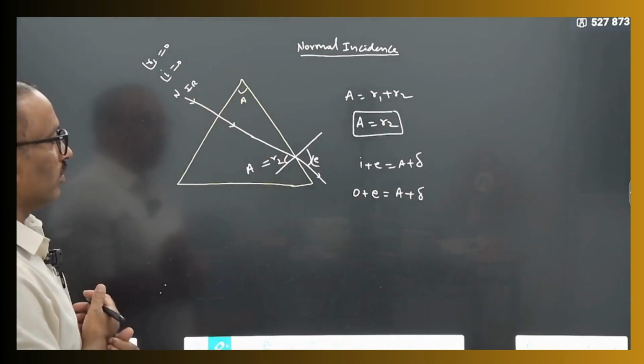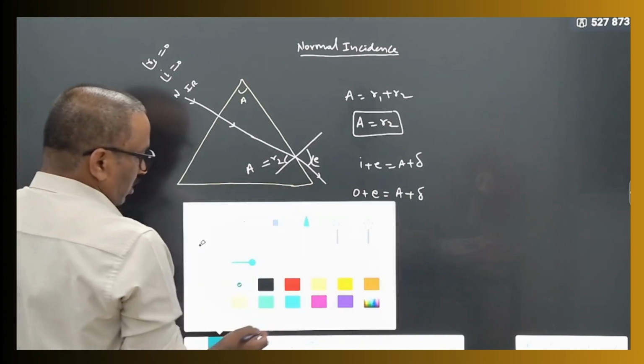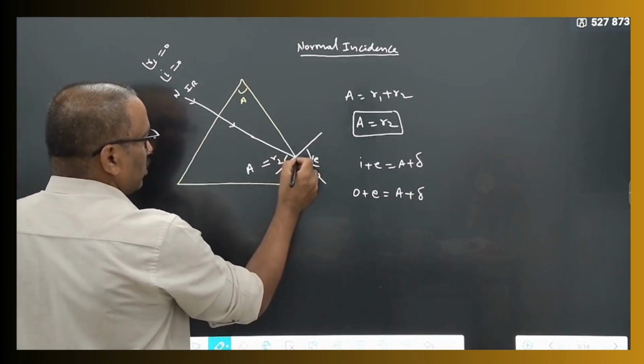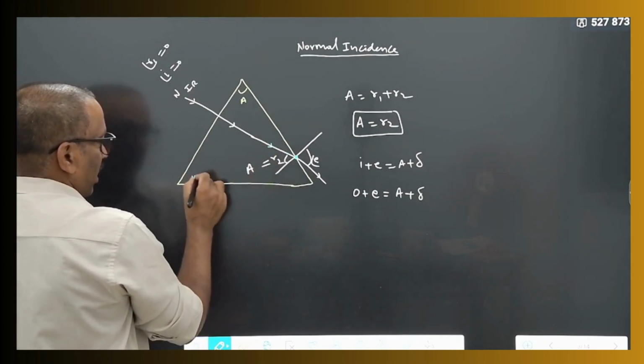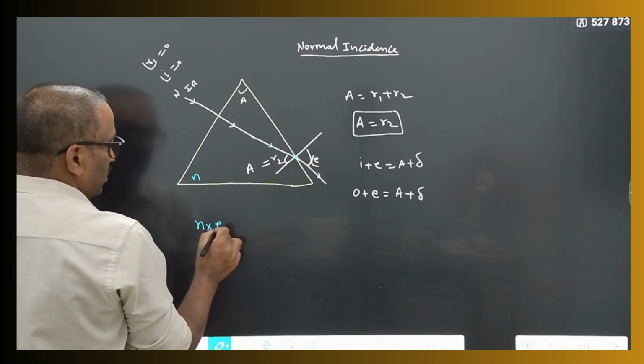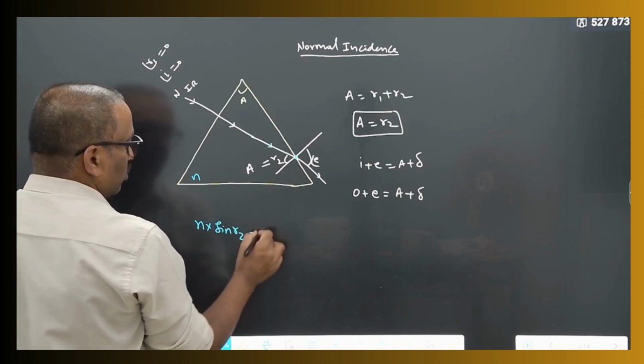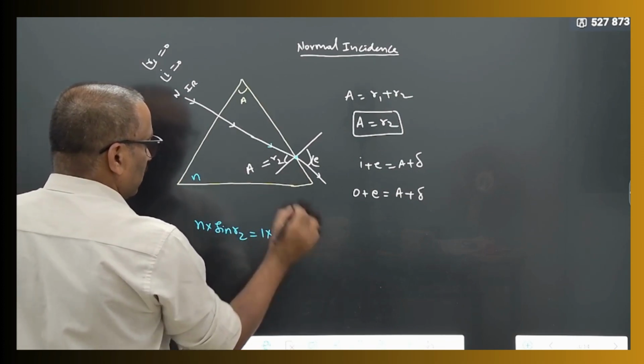Clear? So if you want to apply the Snell's law here, what is the Snell's law? The light ray is traveling in the denser medium with refractive index n, so n into sin R2 is equal to 1 into sin E. Clear?